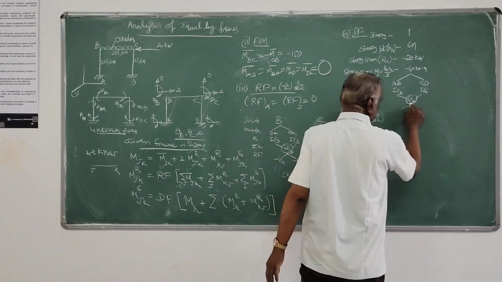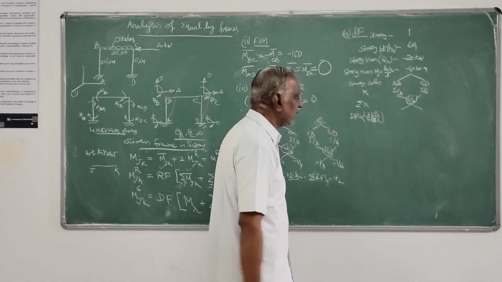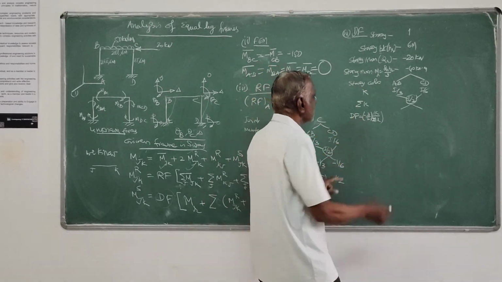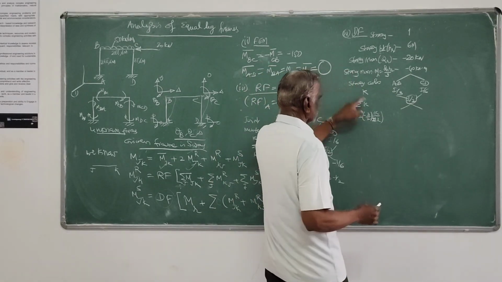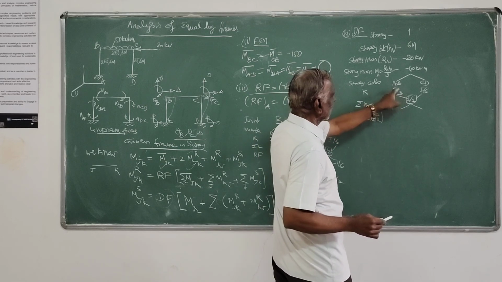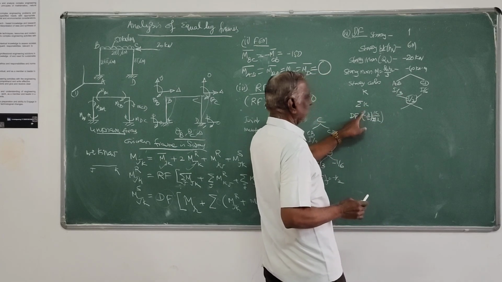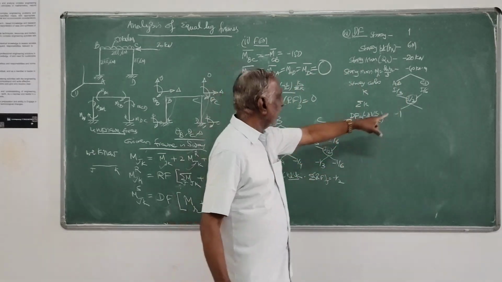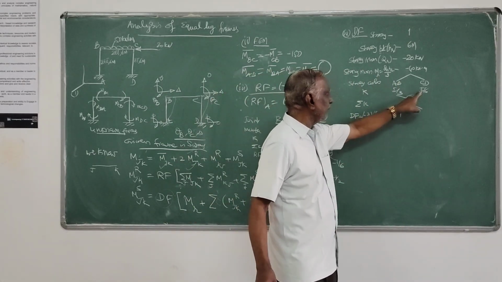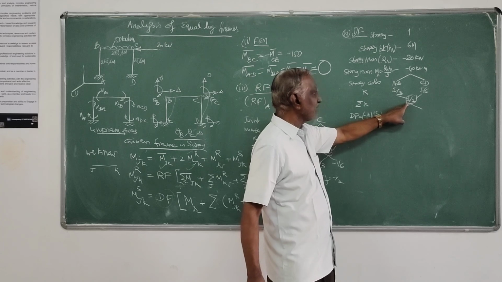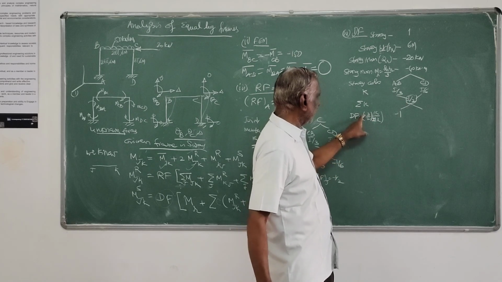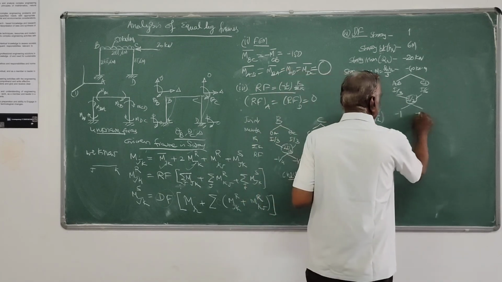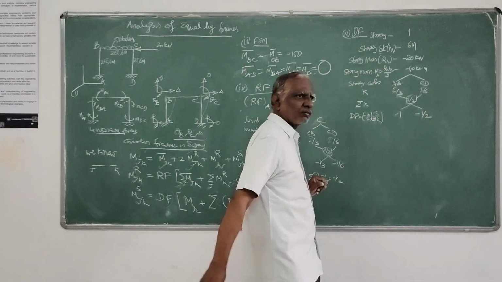So this is much simpler when compared to unequal leg. Friends, find out I by 3 minus 3 by 2 K by sigma K, which is nothing but 2 by 3. 2 by 3 into minus 3 by 2, it is minus 1. Then K by sigma K, I by 6 by I by 2, it is 1 by 3. 1 by 3 into minus 3 by 2, it is minus half.